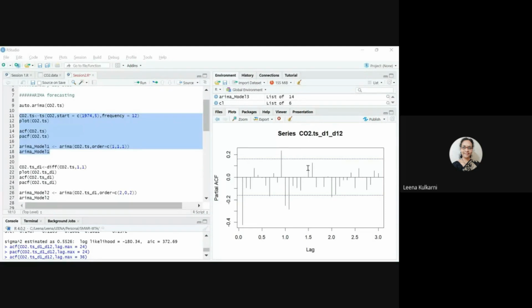The commands that I have posted try to fit the ARIMA 111 model to the original CO2 data.